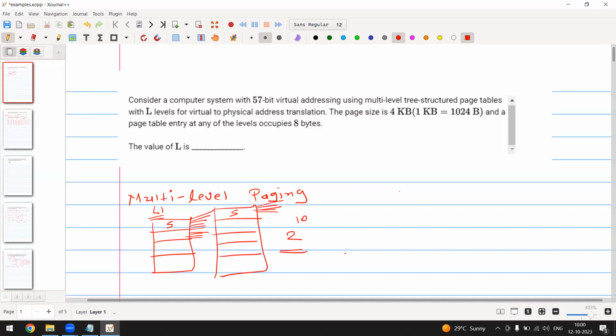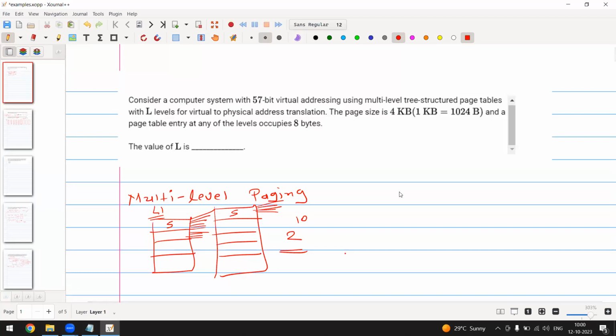We discussed while going through the theory that it is just like the index of a book. If the index of the book is very large, you divide your index into an index of the index, then the index of the index of the index, like that. In that way, multi-level paging works.